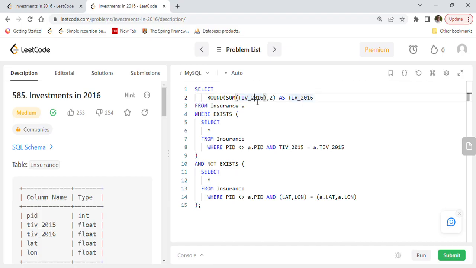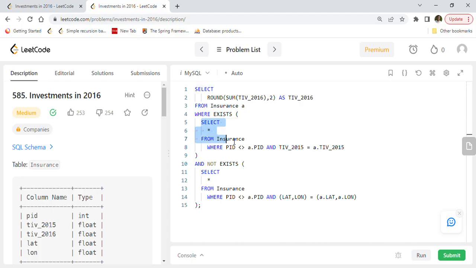We are summing the values of the TIV 2016 column as TIV 2016 from insurance A where exists, right? What we are checking is that this TIV 2015 value of A should match with some other record as well.